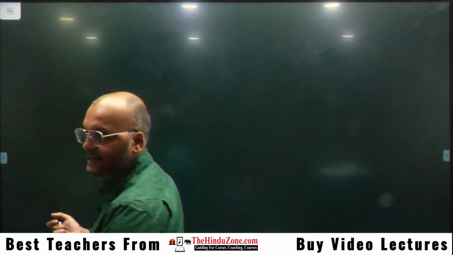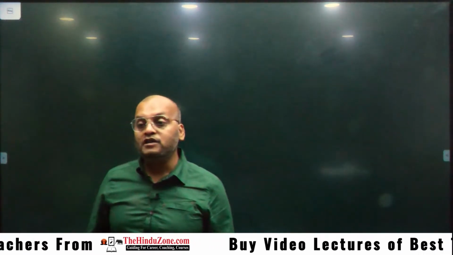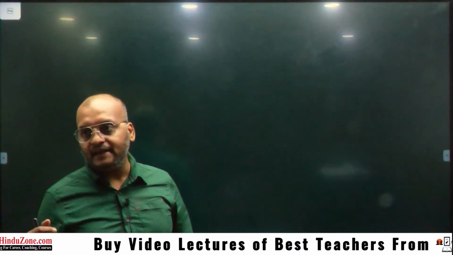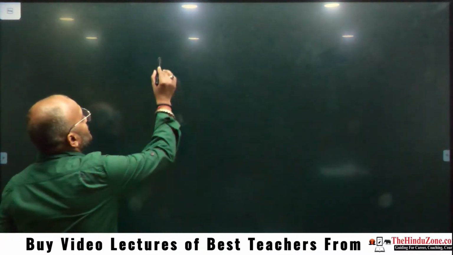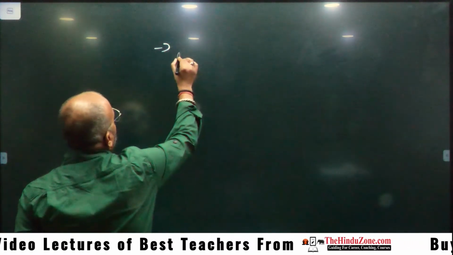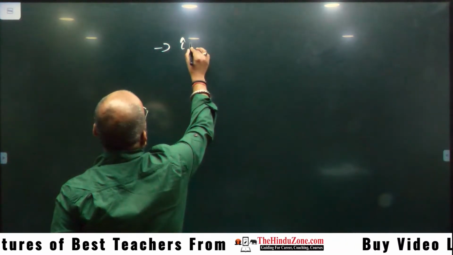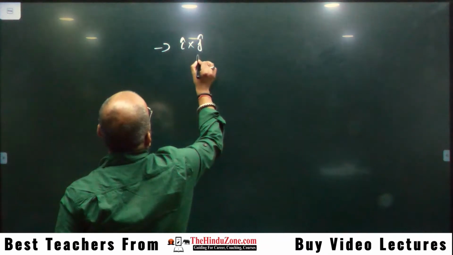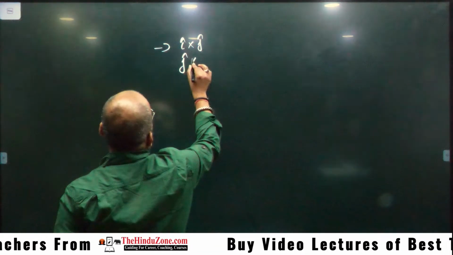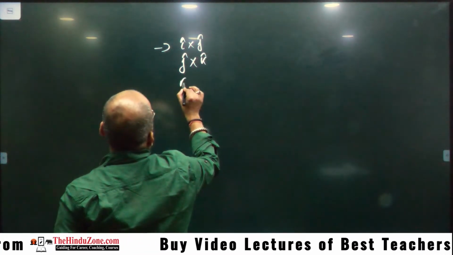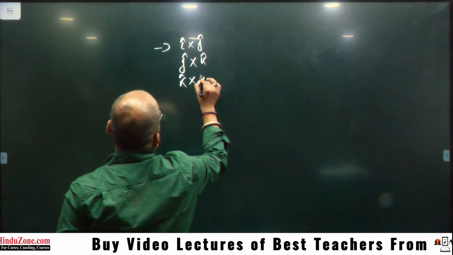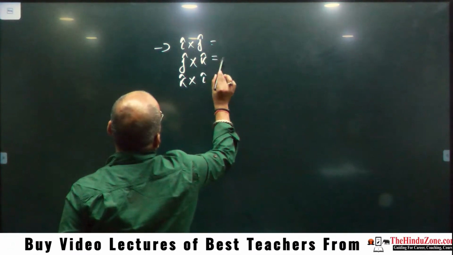Now, if we take the cross product of orthogonal unit vectors, that is I, J and K cap, then what happens? If you multiply I cross J, or J cross K, or K cross I, then what will happen?